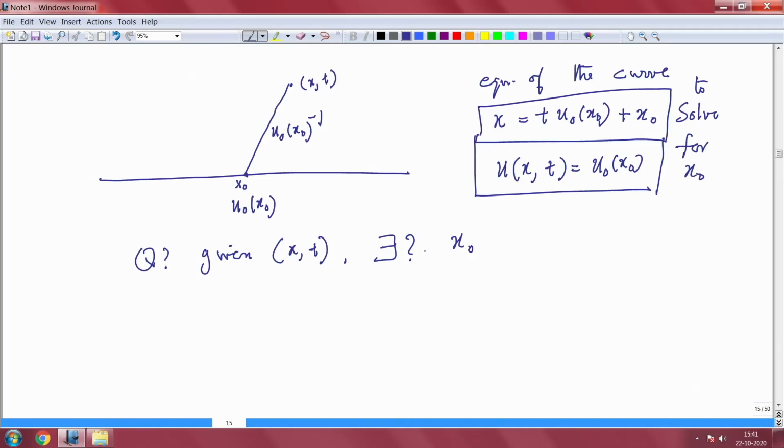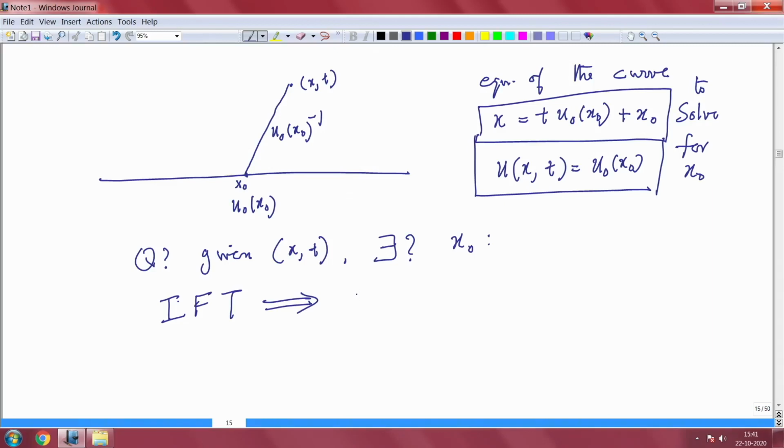So, you have to appeal to the implicit function theorem. If you want to solve for x naught in terms of x and t, you have to take the differentiation with respect to the x naught variable.